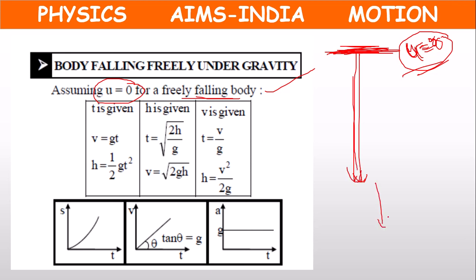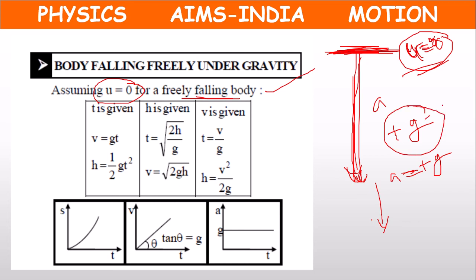So acceleration due to gravity is acting down, so it will be taken as plus g, because it is falling down because of gravity. The acceleration created in the body is due to gravity, which is uniform, always equal to 9.8 meter per second square and does not change up to a certain height. So we can take it as constant acceleration.